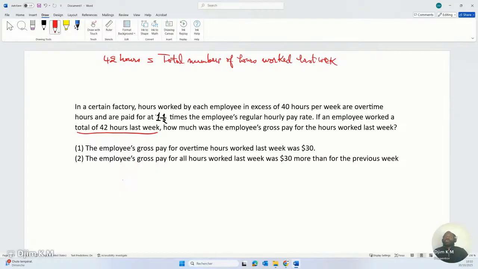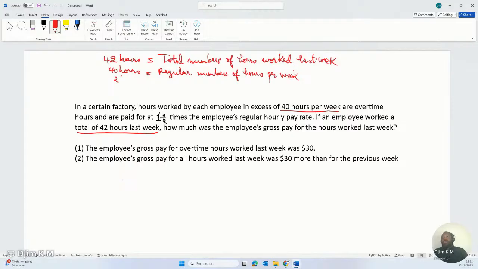And from here, we can say that 40 hours is the regular number of hours per week. So normally when you work 40 hours, it's the normal number of hours that the employee works per week.